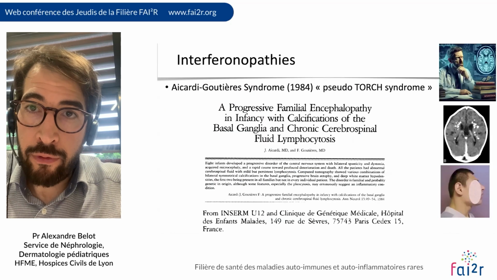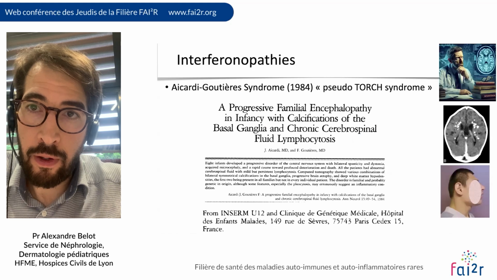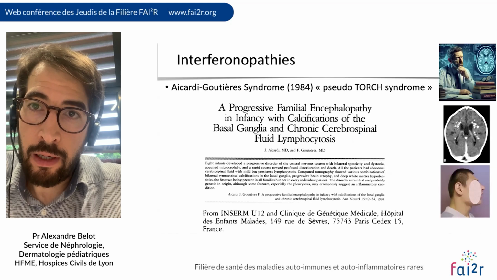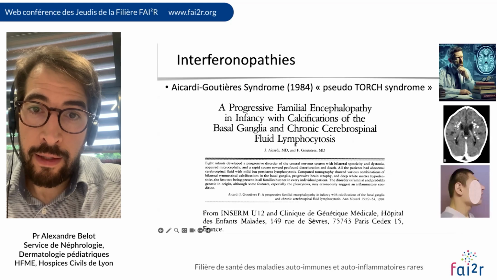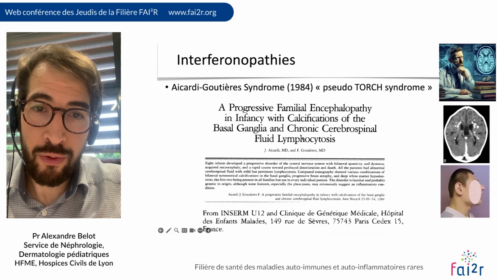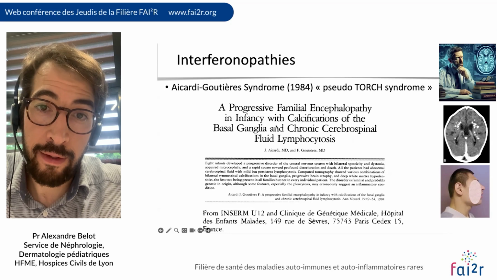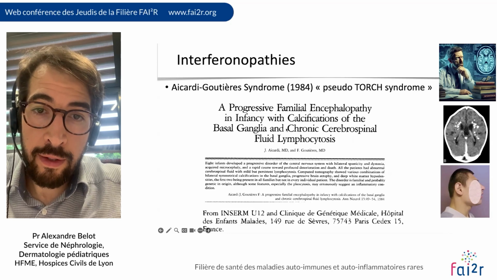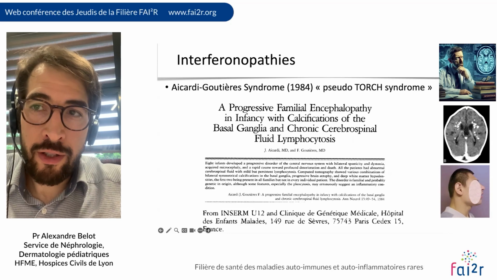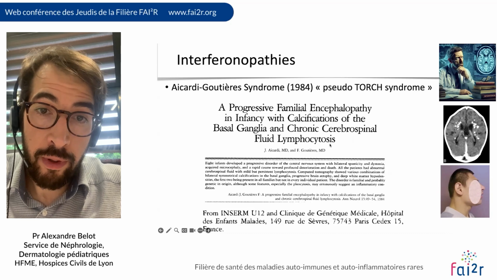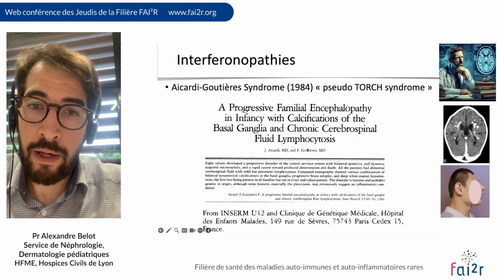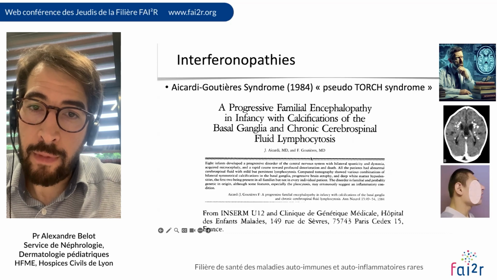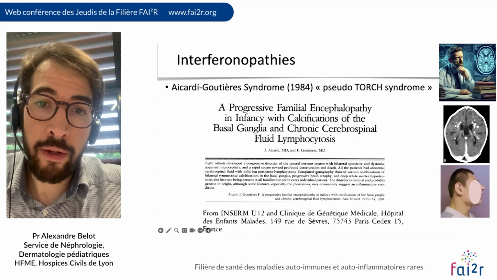A couple of years after the first description of the interferon, Jean Aicardi and Françoise Gouttière, two neuropediatricians at the Necker Hospital, identified a disease which was recurrent in the same family. It looked like a TORCH syndrome because of the brain calcification, microcephaly, and encephalopathy with a very early onset.